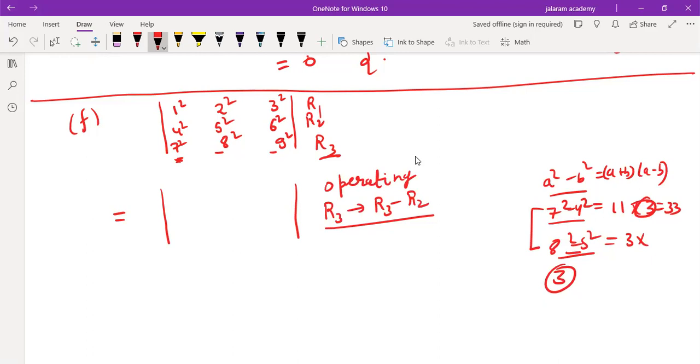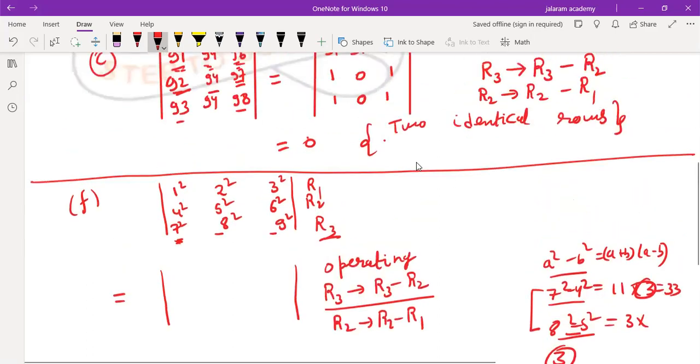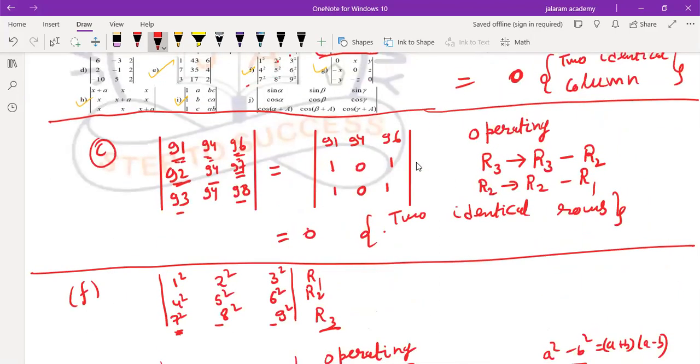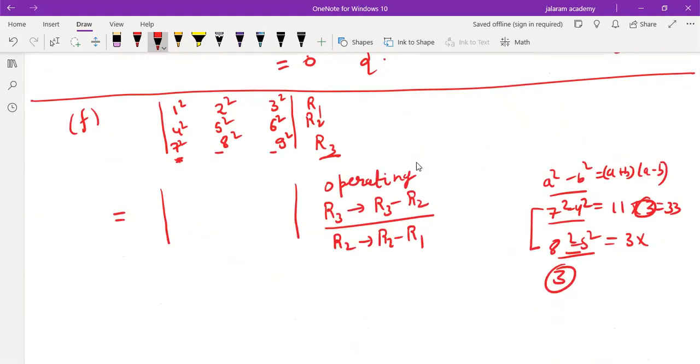Similarly, when we do the operation R2 minus R1, we can perform two operations at the same time, simultaneously, like we have done in previous question C also. It will also give 3 as a factor: 4 square minus 1 square, 3. 5 square minus 2 square, 3 into 7. 6 square minus 3 square, 3 into 9.